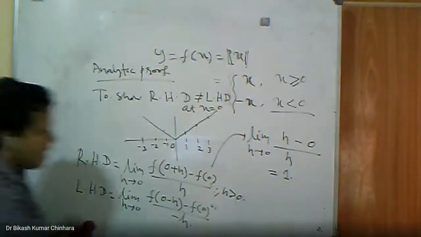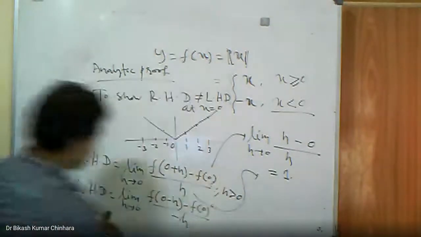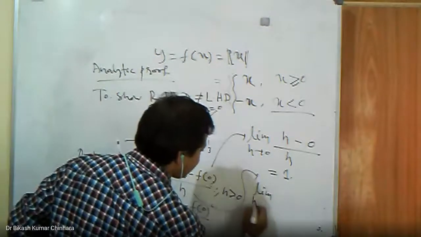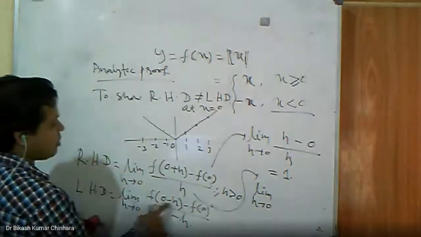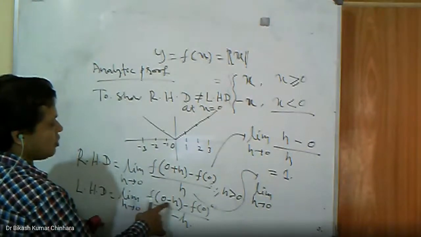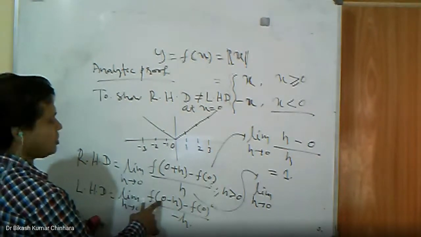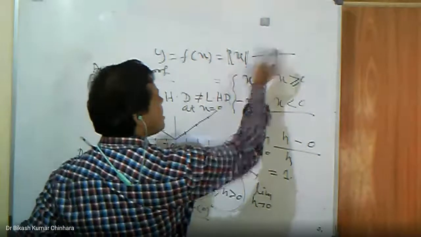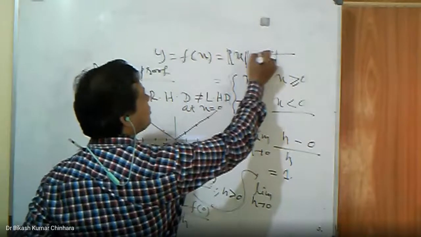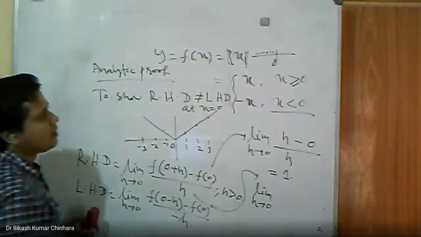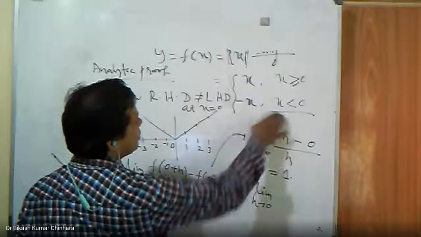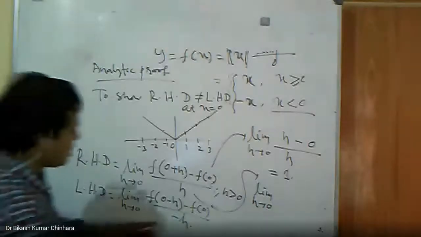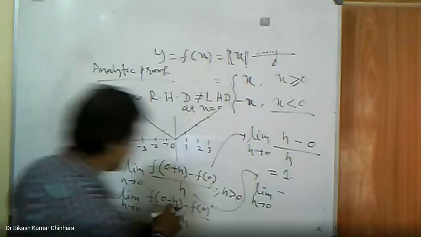Okay. And for this case, you write h tends to 0 and f of 0 minus h. So that means a quantity which is less than 0. 0 minus h, h is a positive quantity. You are moving left of 0. That means you are here in the negative axis. So you have to use this quantity. It will be minus of minus h.